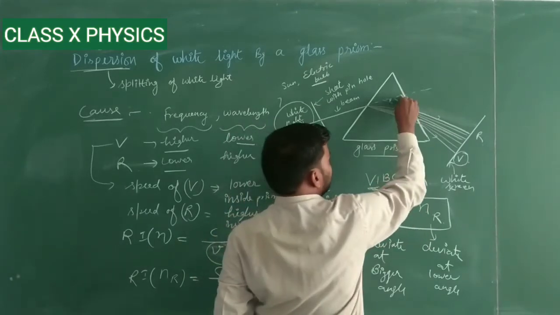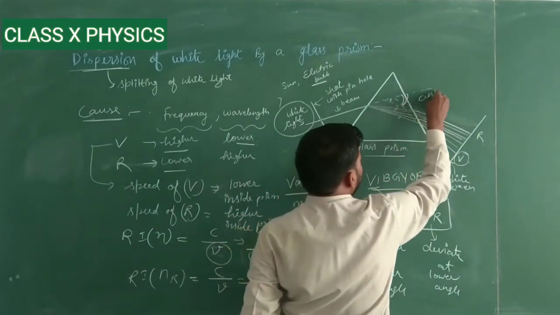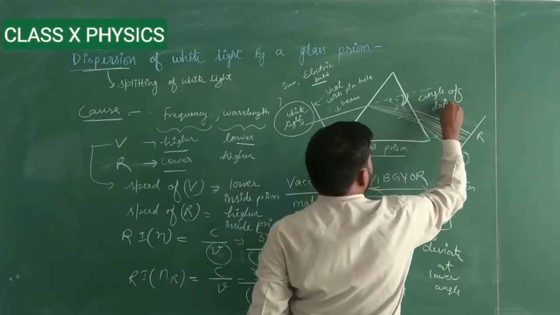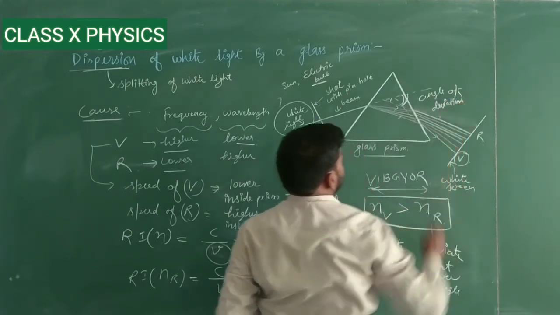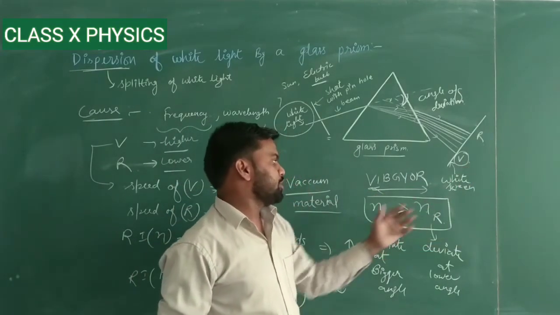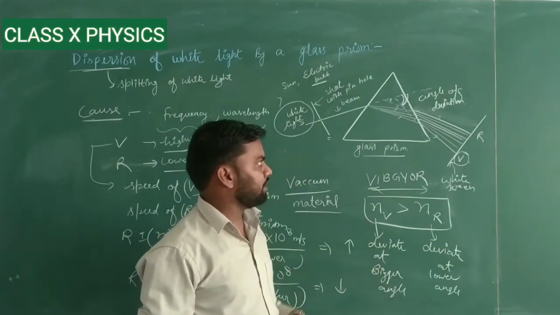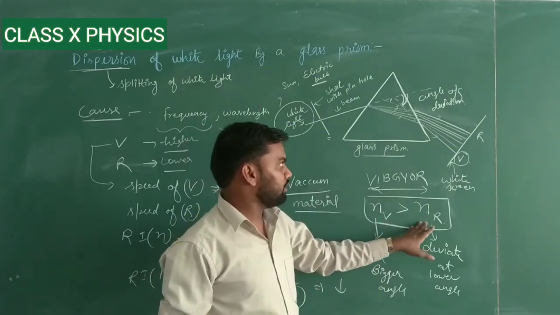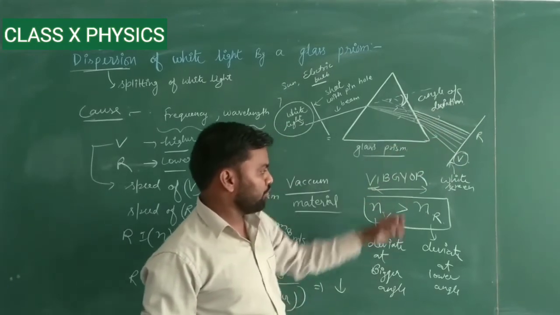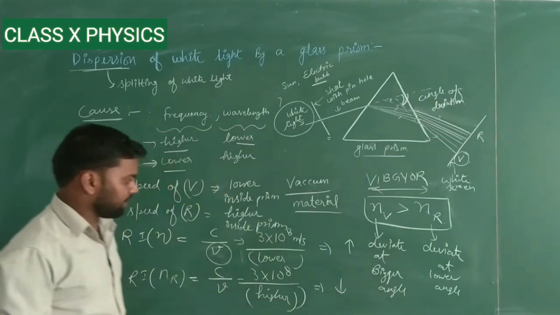We already know that it is known as the angle of deviation. So the angle of deviation for violet color will be higher due to the increased refractive index, but the angle of deviation for red color will be lower due to the decreased refractive index.